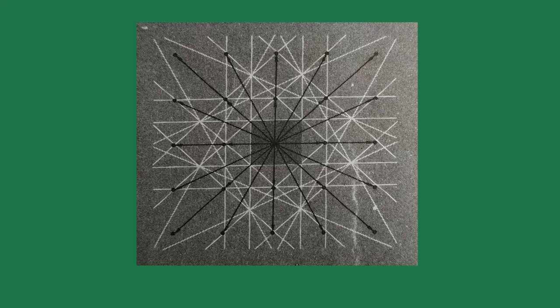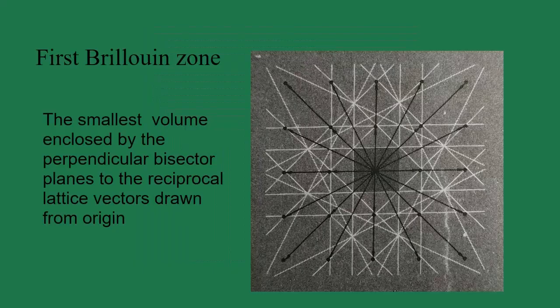The central cell is called the first Brillouin zone. It is the smallest volume enclosed by the perpendicular bisector planes to the reciprocal lattice vectors drawn from the origin. We have considered this origin in the center.